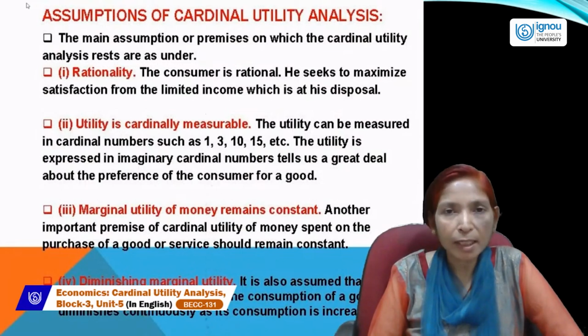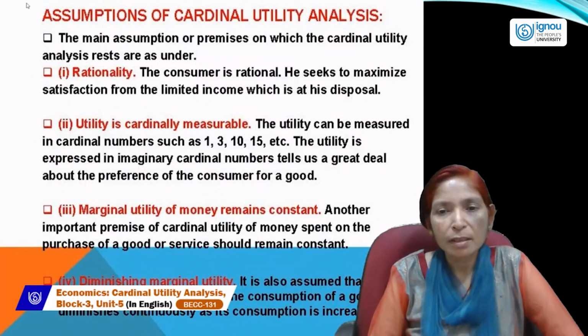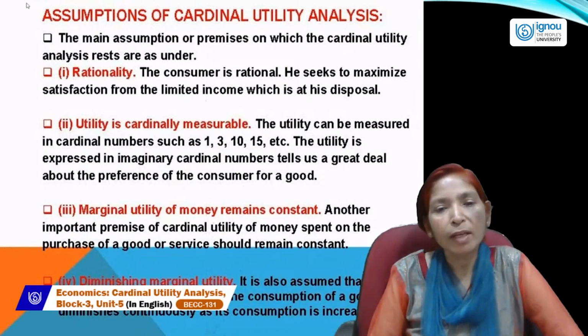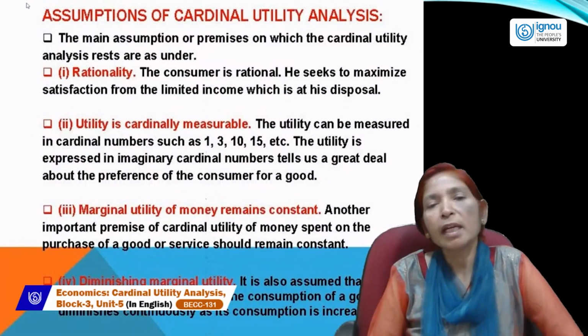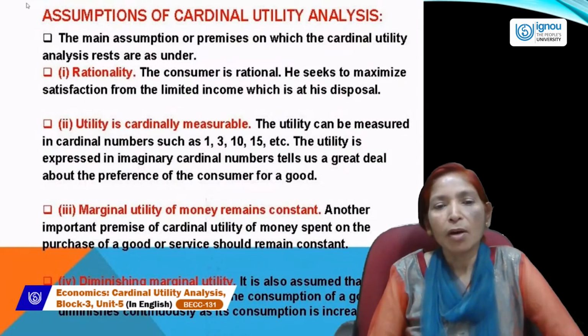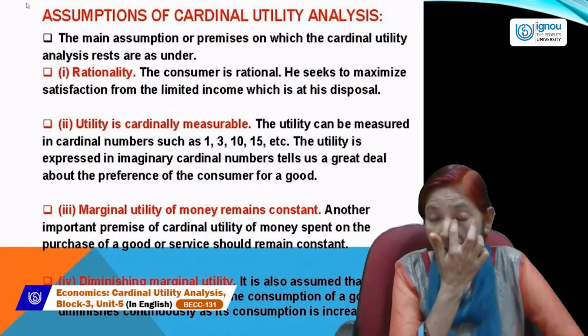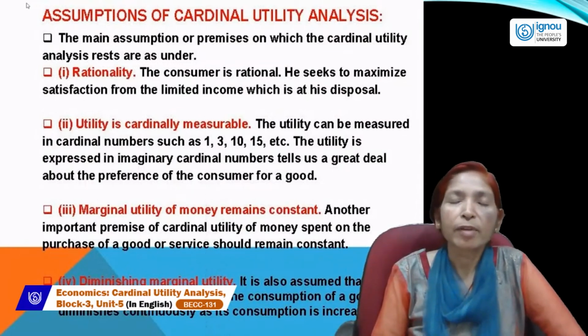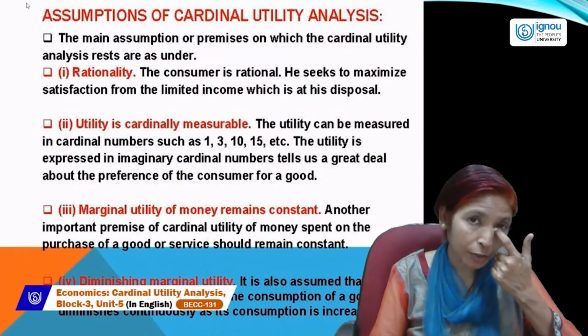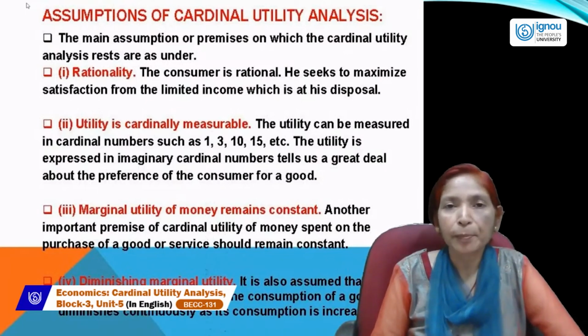We can quantify it, we can measure it in accurate numbers like 1, 2, 3, 4, 5, etc. The utility expressed in imaginary units or cardinal numbers tells us a great deal about the preferences of the consumer for a good. And utility is cardinally measurable in terms of utils.